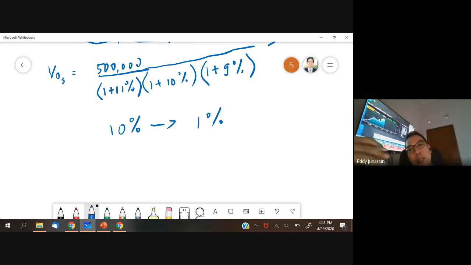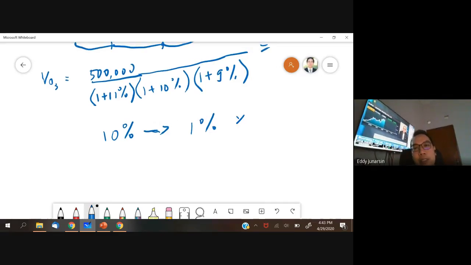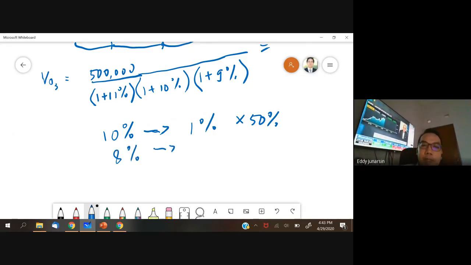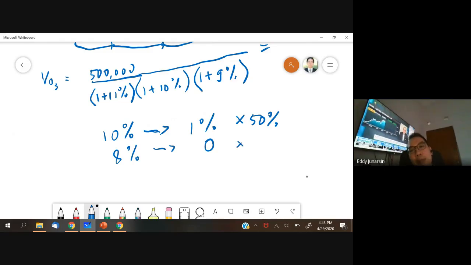Your contract says that the cap rate is 9%. So if the real interest rate in the second year is 10%, then you get 1%, right? And the chance of happening is 50%. And the other possibility is 8%. But if this happens, you get nothing, right? Because you have the long call with strike price of 9%. This is 8%, you get nothing. But the possibility of happening is 50%.